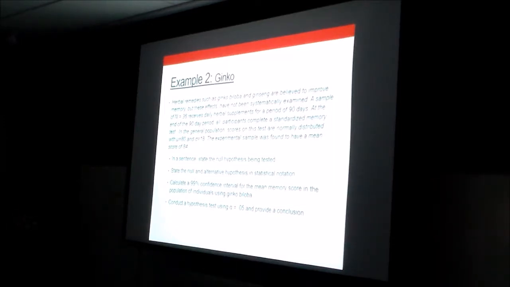So mu of the supplements is equal to what? 80, right? And your alternate hypothesis here: population mean of supplements not equal to 80. That's pretty easy, right? You just want to make sure that you're making these statements in terms of population parameters.